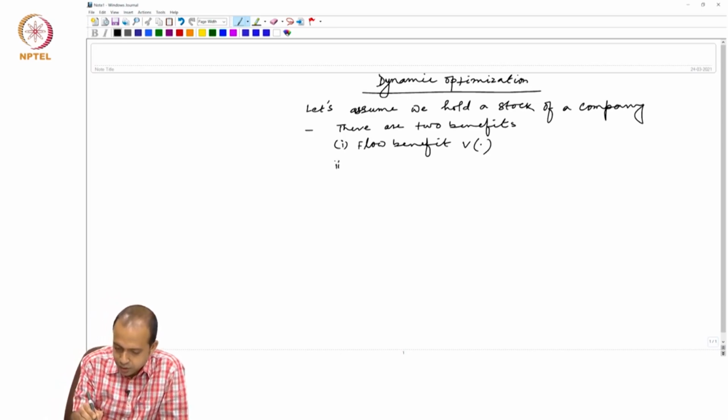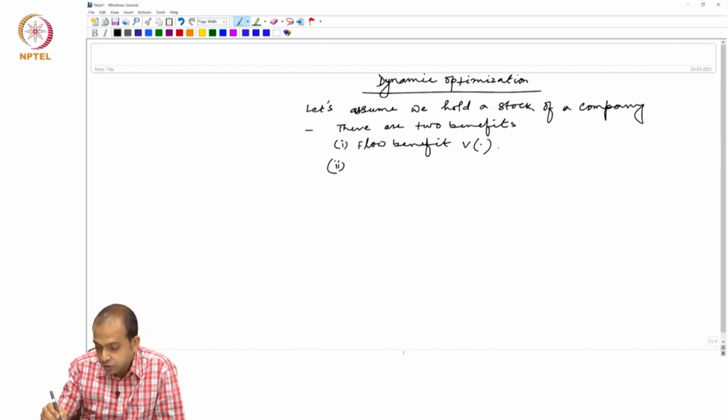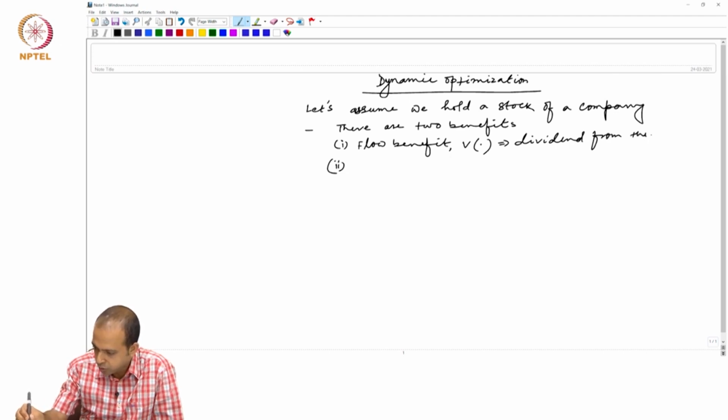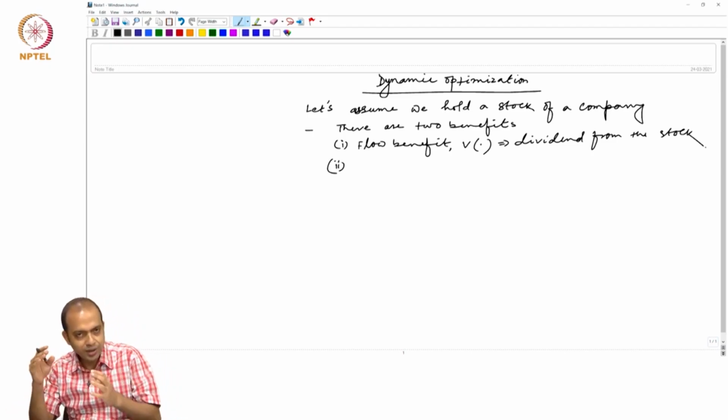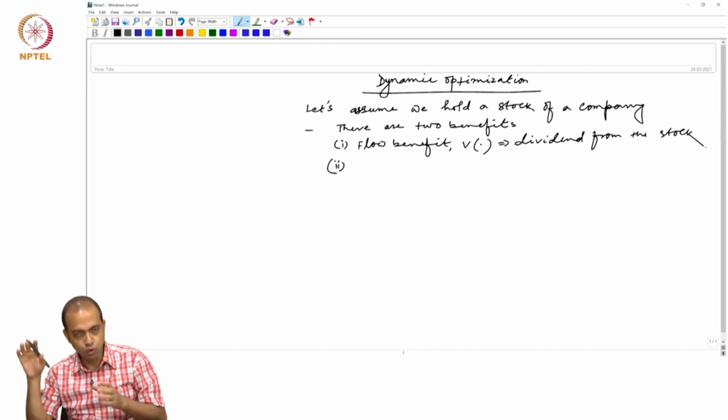The flow benefit denoted by V basically indicates dividend from the stock, that is flow. So, if you buy and hold the stock of a company, the company will pay you dividend as long as you hold the stock, that is called flow benefit.